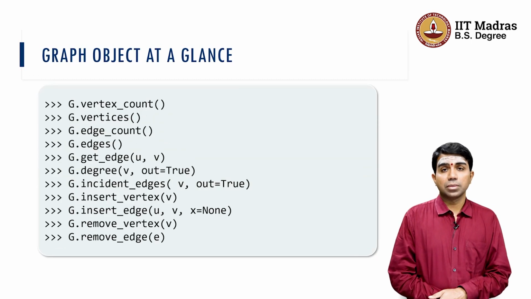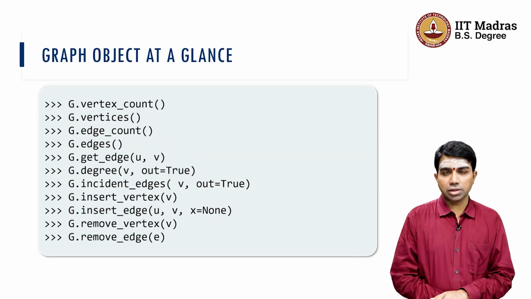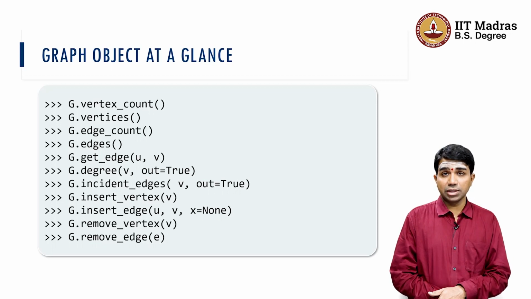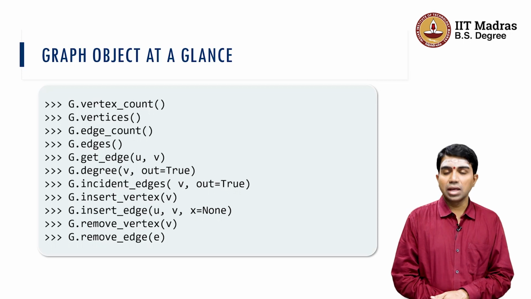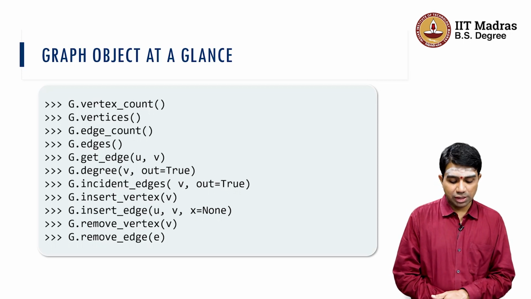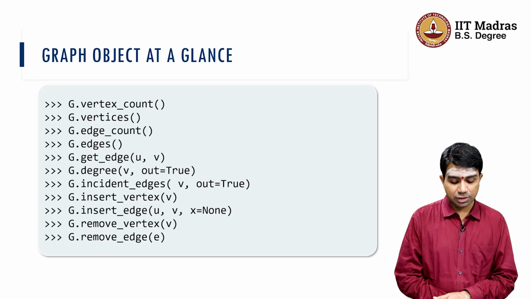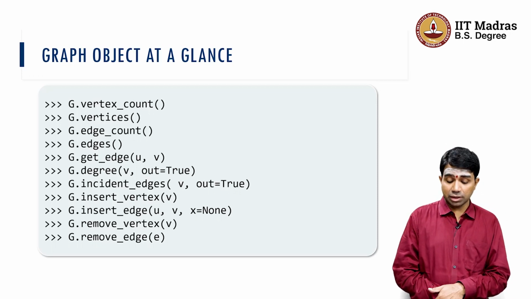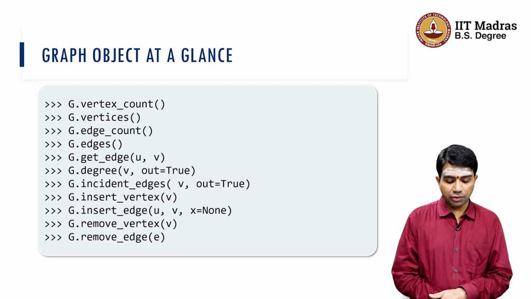And what are all the methods that the graph object supports? You can do G.vertex count, it returns the number of vertices. G.vertices will give you a list of vertices. Edge count obviously gives you the edge count. Edges gives you the list of edges. Get edge is very useful. It checks if a particular edge exists or not in the graph.